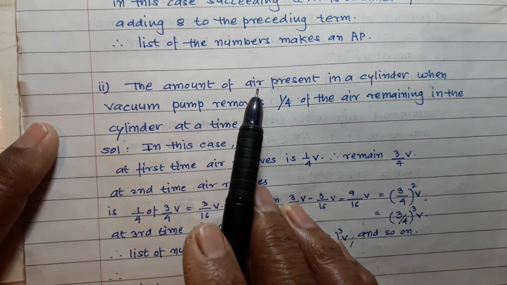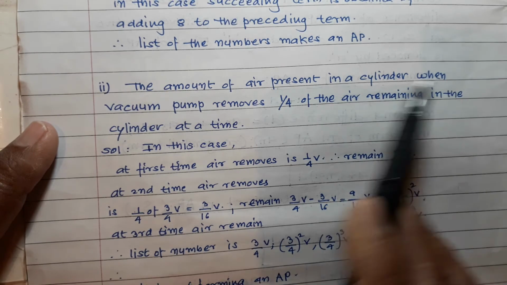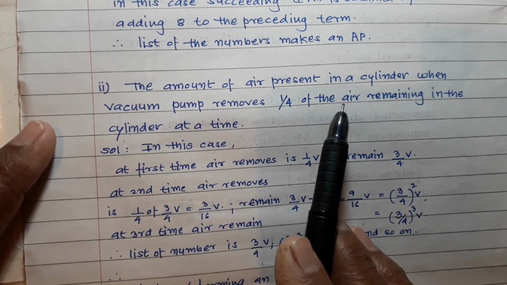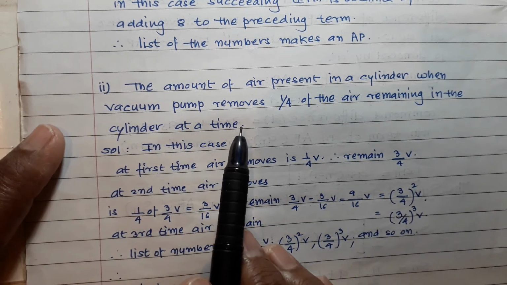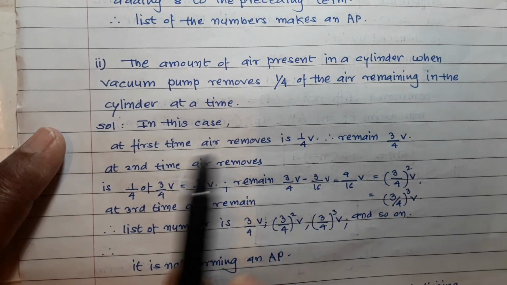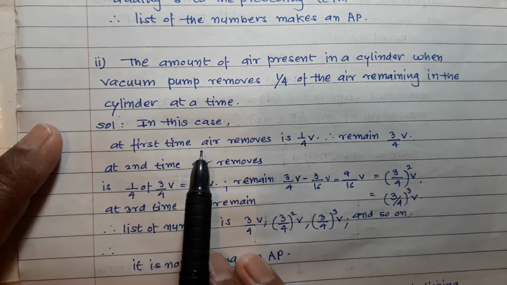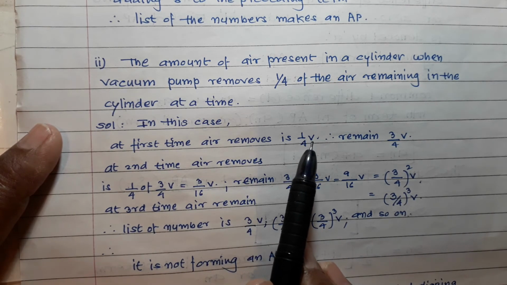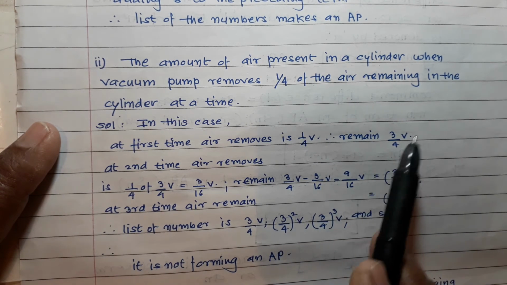The amount of air present in a cylinder when a vacuum pump removes 1/4 of the air remaining in the cylinder at a time. So try to understand this. In this case, the first time, the air removed is 1/4 of the volume, therefore inside there remains 3/4 volume.